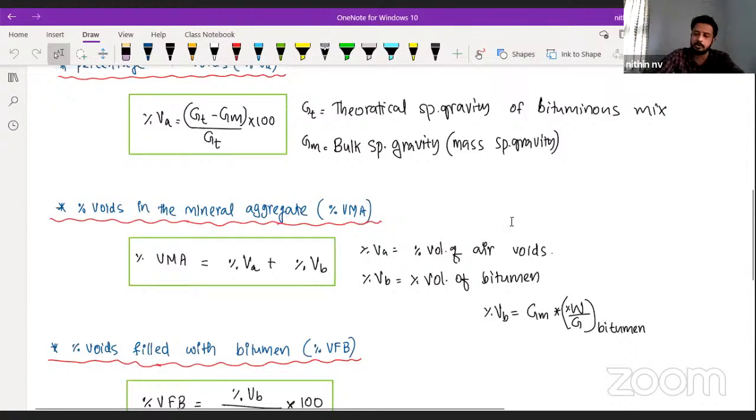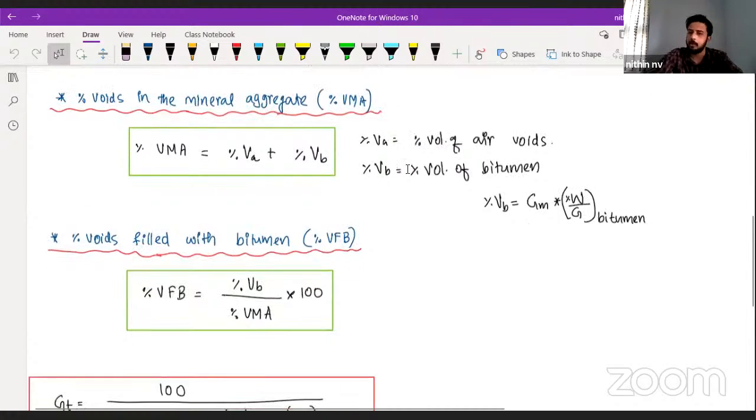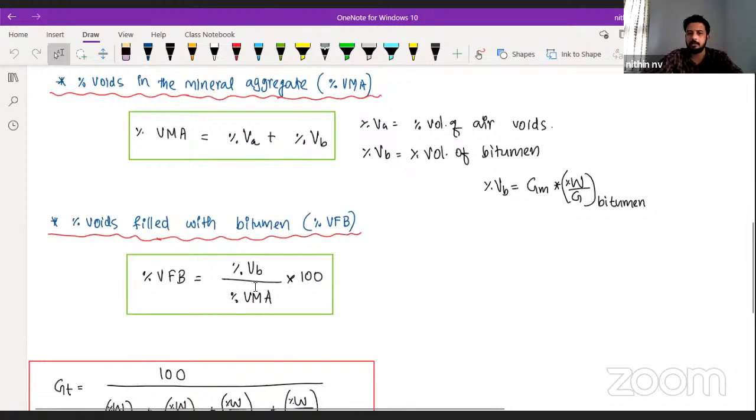We are going to do a question, you will understand the calculation. Then voids filled with bitumen is the calculated value of VB in the second part of the equation divided by this total value. So VMA is nothing but VA plus VB. That's it.